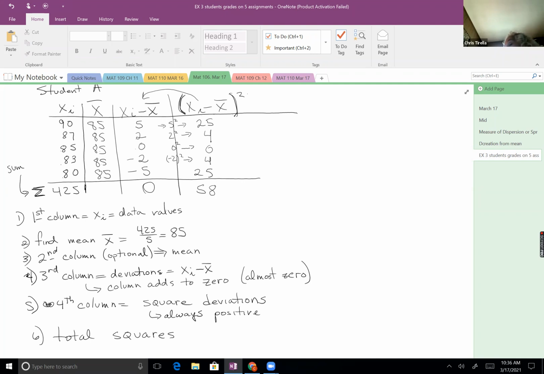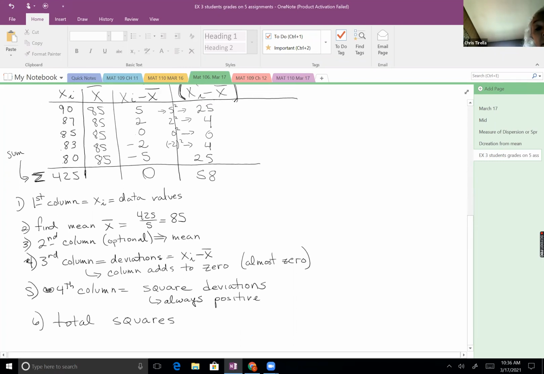After we total the squares, we do something that's a little bit different. Usually to find the average of a set of numbers, we divide by how many numbers there are.